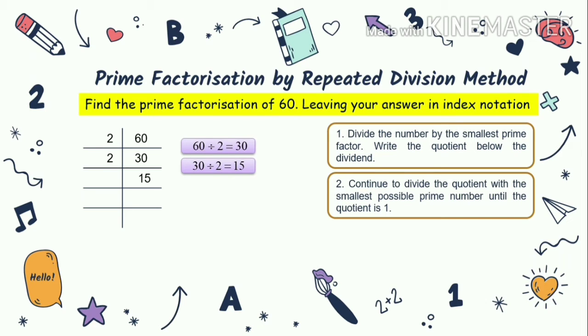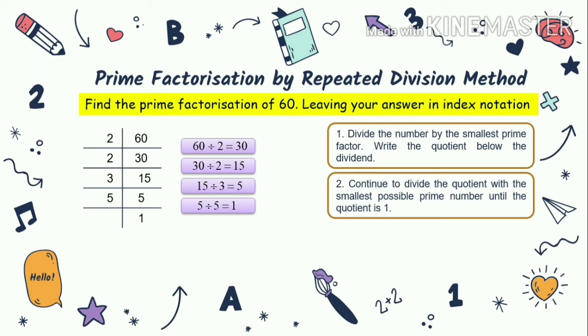Then 15 divided by 3. The next prime number after 2 is 3, so you divide by 3, and 15 divided by 3 equals 5. You write 5 below 15. After that, you divide 5 by 5, and 5 divided by 5 equals 1.